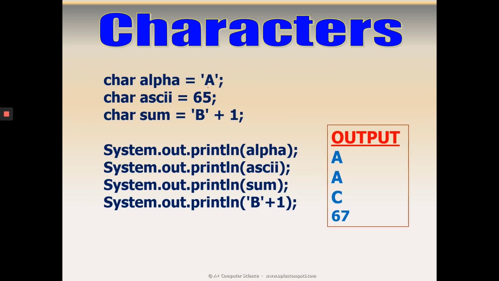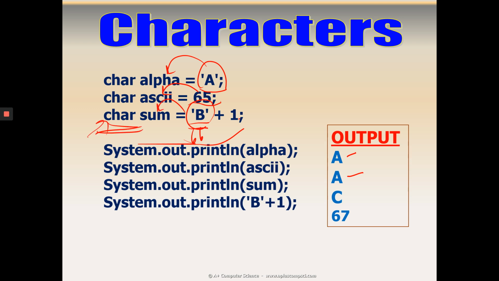So now, here's the thing. If we're putting a character into a character variable over here, it's going to print out a character. Here, I'm going to take this 65. It's going to make it the character that has a 65 integer value, which is, again, a capital A. Now, this is going to take the B value, which has an integer value of 66, add 1 to it, which is 67, but store that 67 back into the character value.